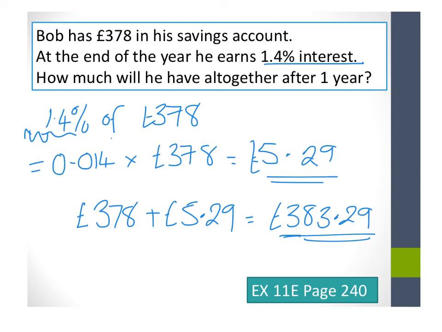So you're not earning just £5.29 each year, you earn a little bit more because you've got a little bit extra in your bank account. And that's something called compound interest, which we'll look at more in year 8.